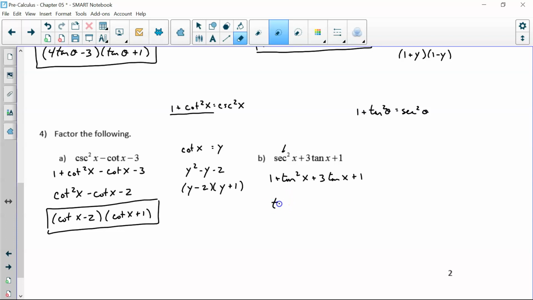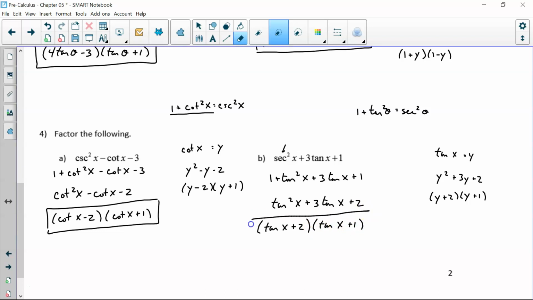Combine your like terms: tangent squared x plus 3 tangent of x plus 2. Let's make that tangent of x equal to y. So we end up with just y squared plus 3y plus 2. When we factor that, we get y plus 2, y plus 1. So now we replace the y with the tangent of x. It's the tangent of x plus 2, tangent of x plus 1. And there are our two factors.